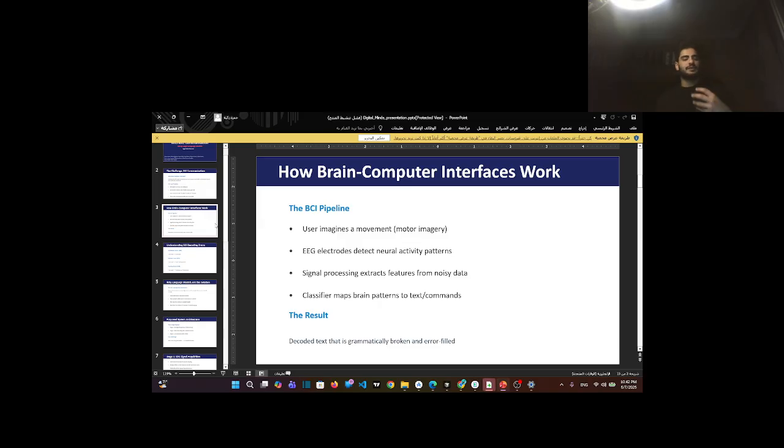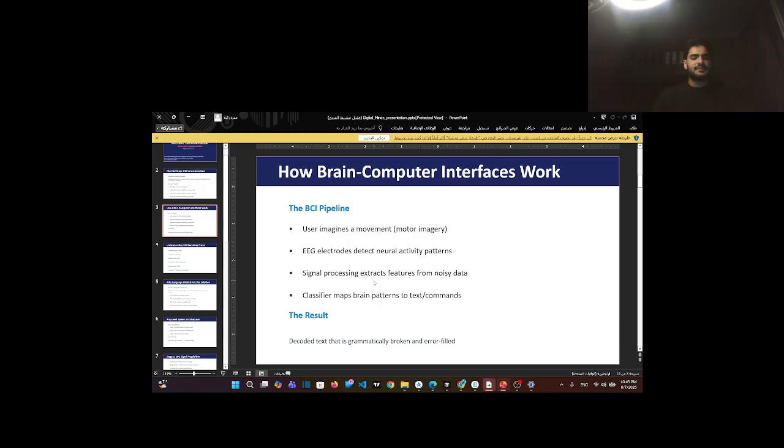So if I imagine moving my left hand, the EEG electrodes are going to signal the neural activity in my brain. Third, signal processing techniques are used to extract useful features from the noisy brain signals. Finally, a classifier maps those brain patterns into text or commands.